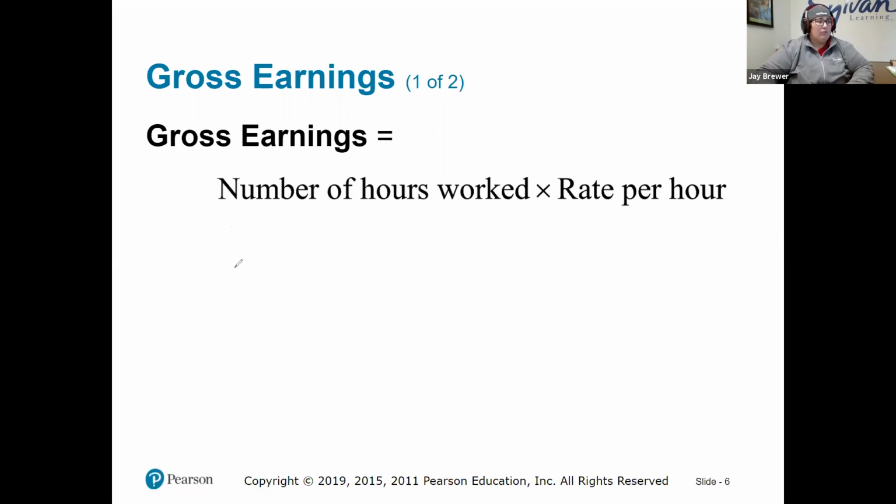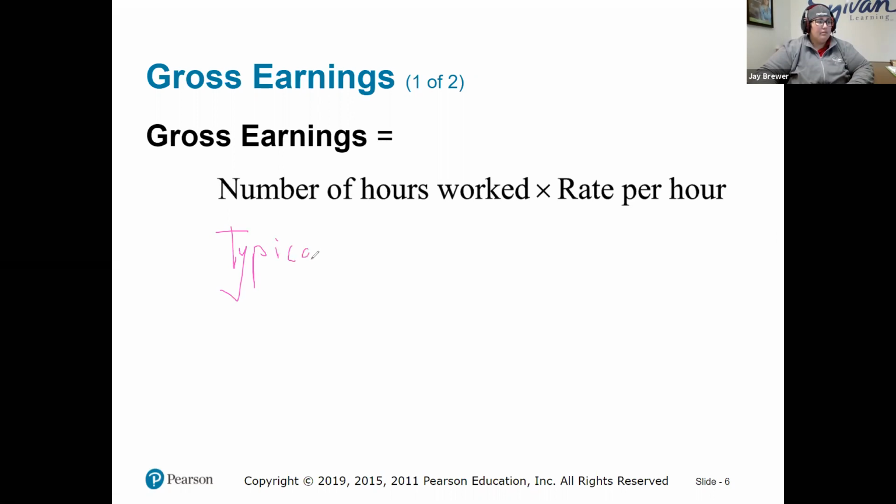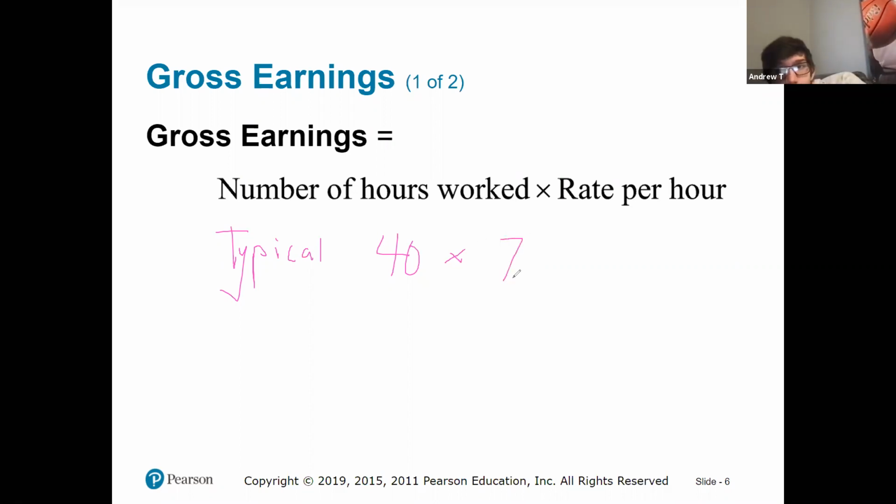The typical is we take 40 hours times, I don't know, does anyone know what minimum wage is now? I never keep up with it. What is it? $7.25. Okay, so we'll go with that for minimum wage.